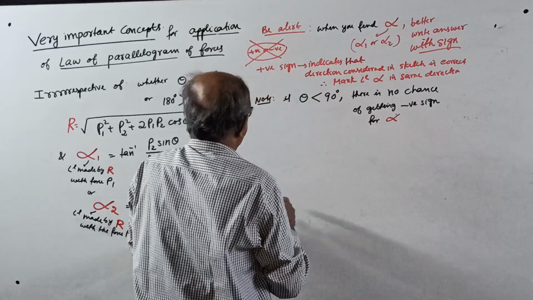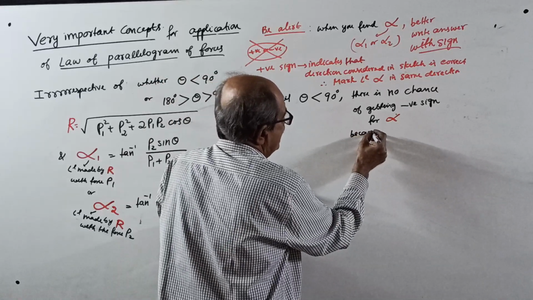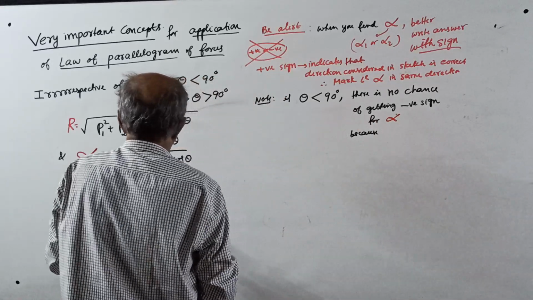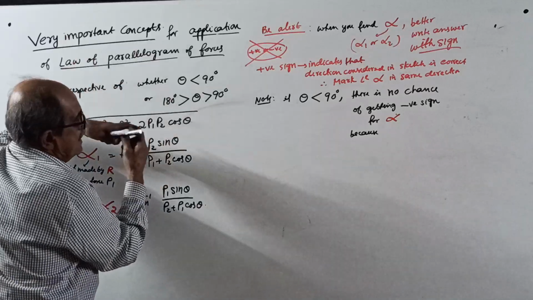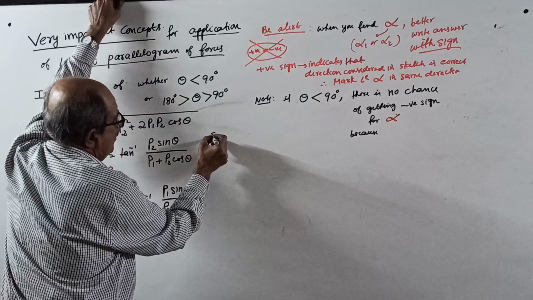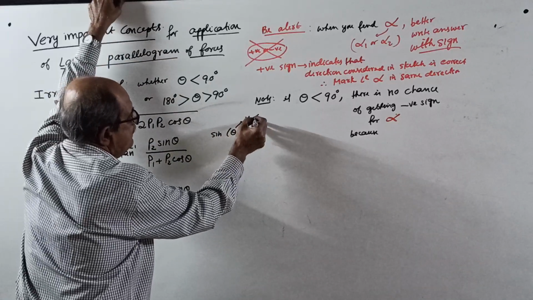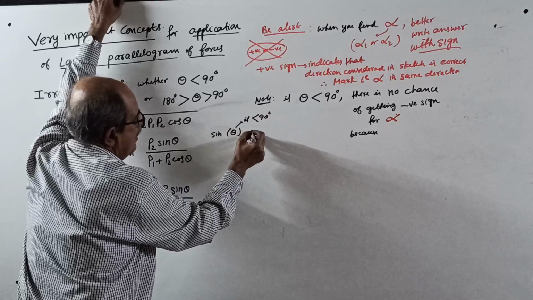Alpha means alpha 1 or alpha 2. Why, tell me the reason? Because sine of theta, if less than 90 degrees, is always positive.